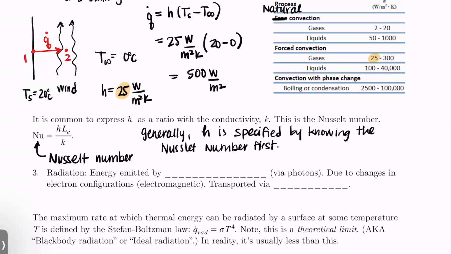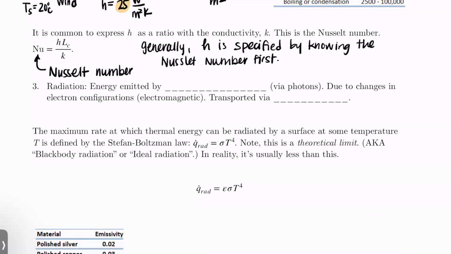Okay. The third type of heat transfer that we can encounter is radiation. Energy emitted by all matter via photons is due to changes in electron configurations, and it is transported by waves.